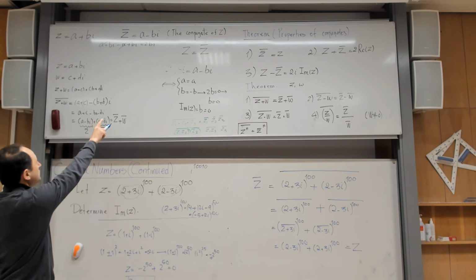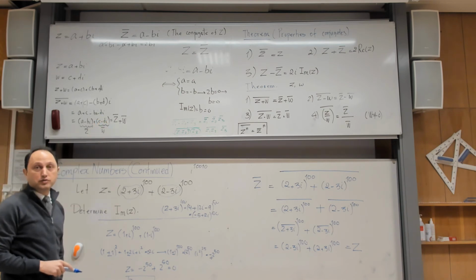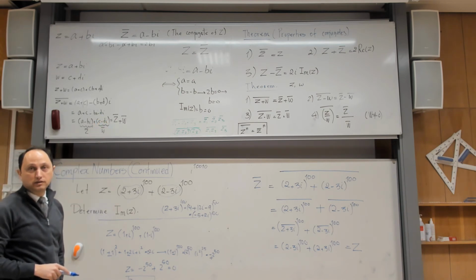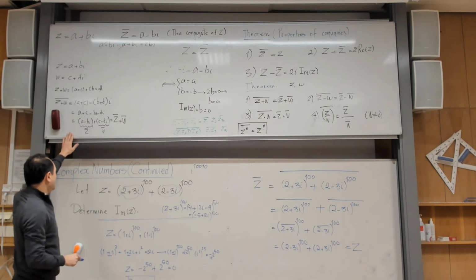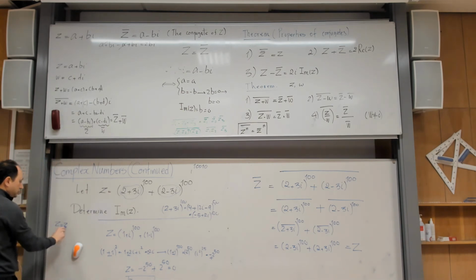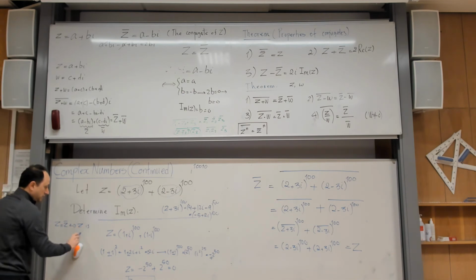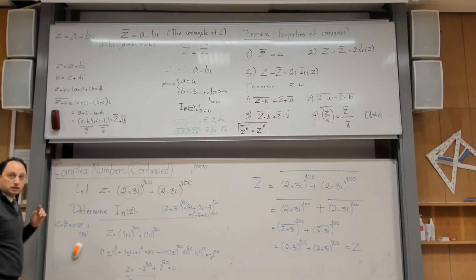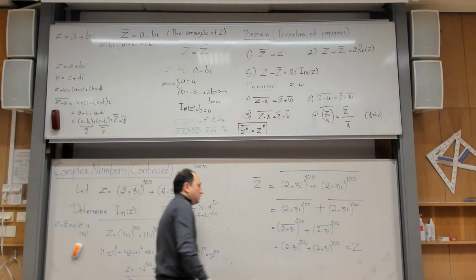So I ask you, what happens if z is equal to z bar? Do you remember I wrote a remark here in red color? Is it there? So I told you that z is equal to z bar if and only if what happens? Z is real. So this means that z is real.